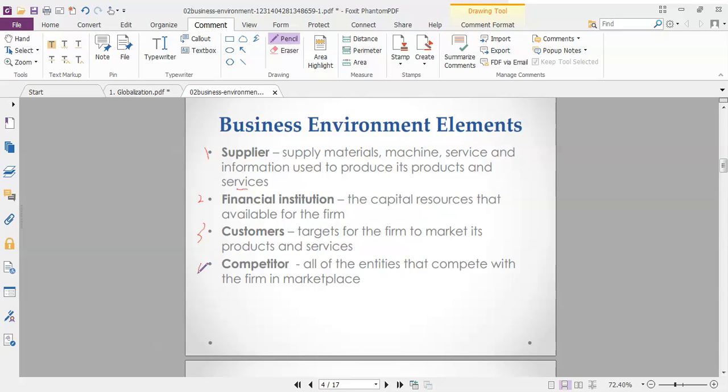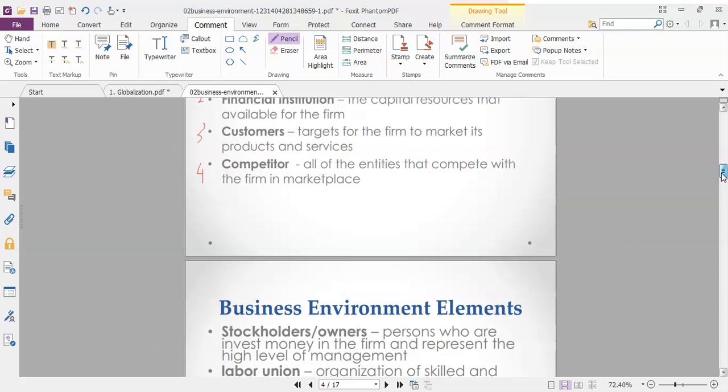And then the fourth one is the competitors, all of the entities that compete with the firm in the marketplace. For example, if there is any company or shop that opens a business to sell telephones also, the same product as you, we call it a competitor. That is business environment element number four.